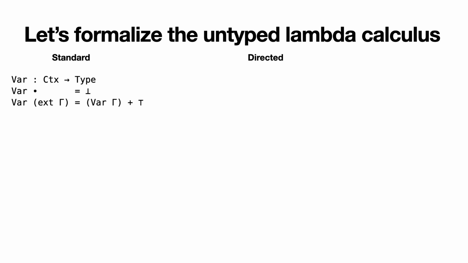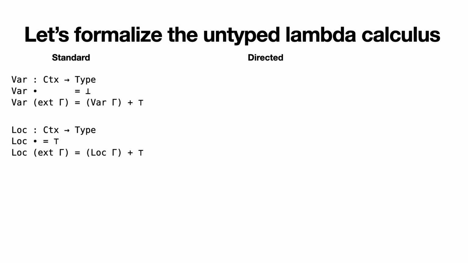So let's try again. Here's the type of variables as a reminder, and now we're going to define a type of locations in a context. It looks very similar to the type of variables, except that it's non-empty in the empty context.